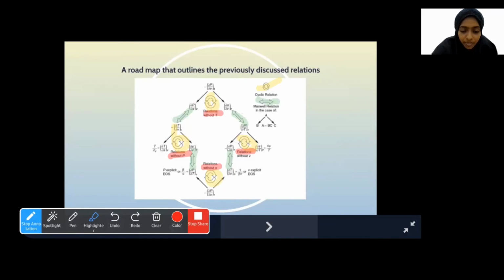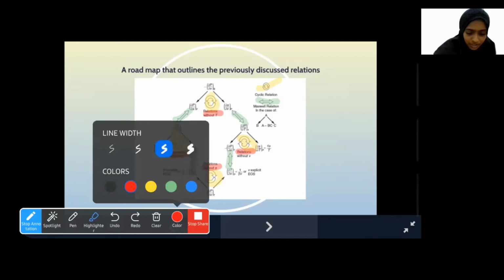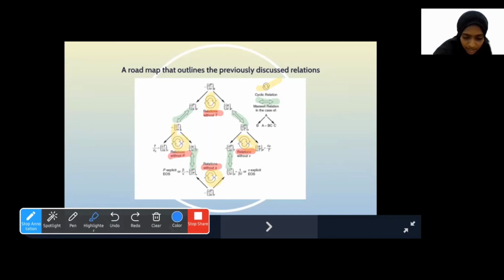For the cyclic relation, I'm pretty sure Aisha already shared how these three terms are related in a cyclic way. However, I'm just going to add on here. Look at this A, B, and C. The A is the origin. For instance, we can also consider this one as an origin, and this one, and this one.